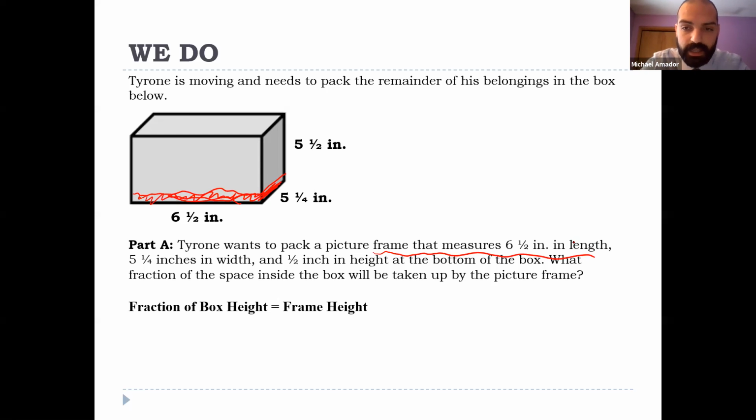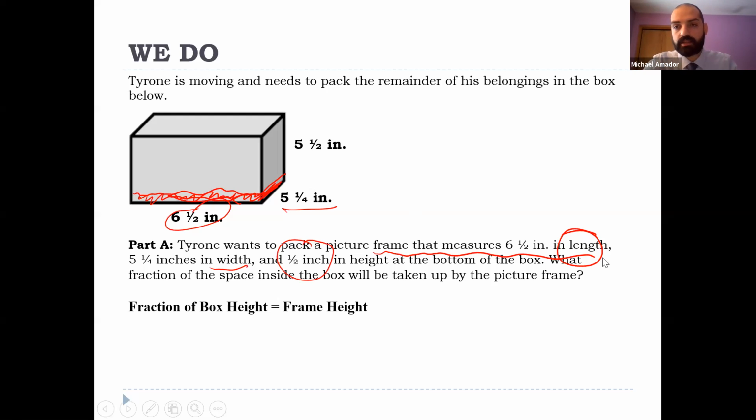It has the same length as the box, and it also has the same width as the box, except it's only 1/2 inch in height. So it's a little thin picture frame that they're putting in the bottom of the box. How does this change our understanding of what we need to do?